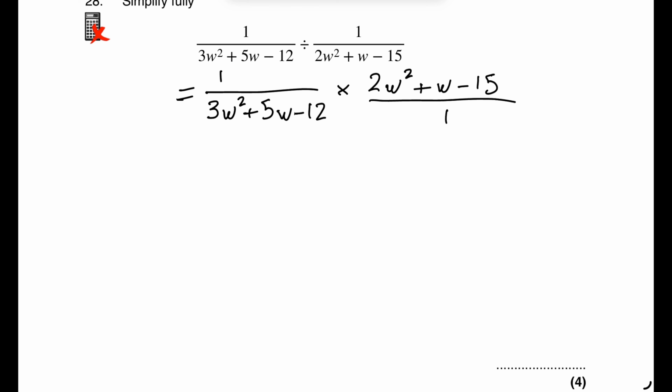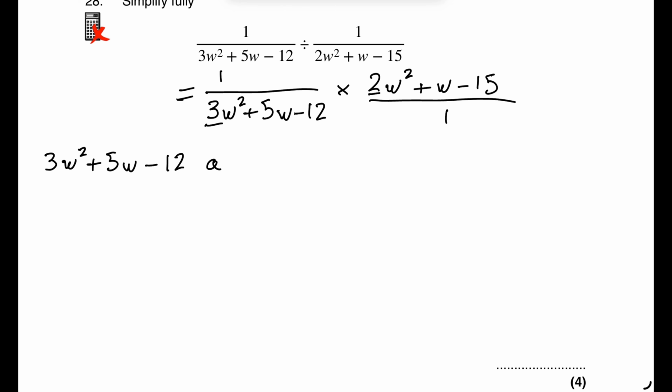Okay, now we need to do some factorising. And because we have these non-unit coefficients of w squared, my advice would be do this off to the side. So let's start with our first one, 3w squared add 5w subtract 12.